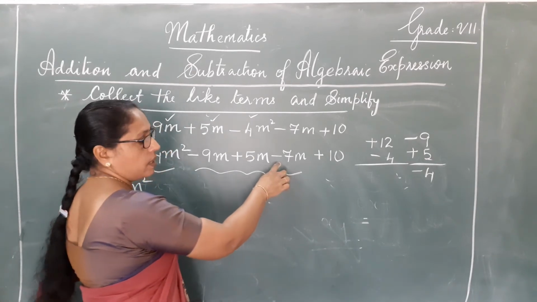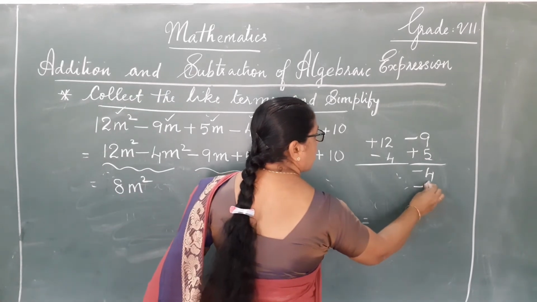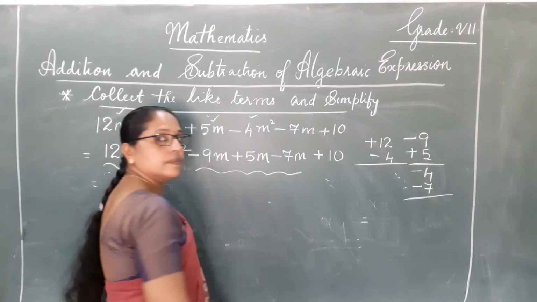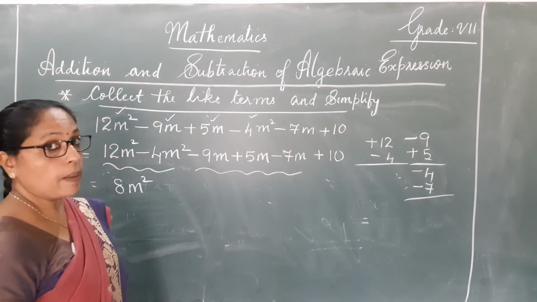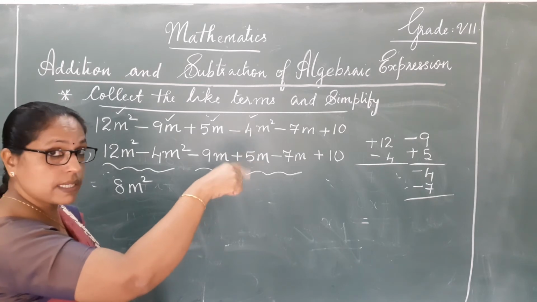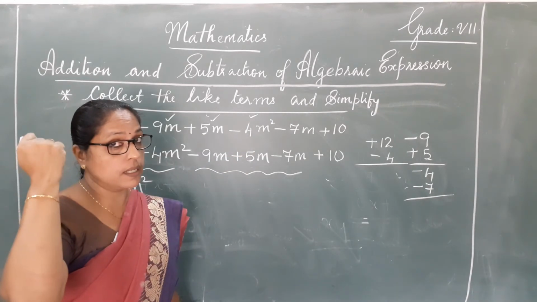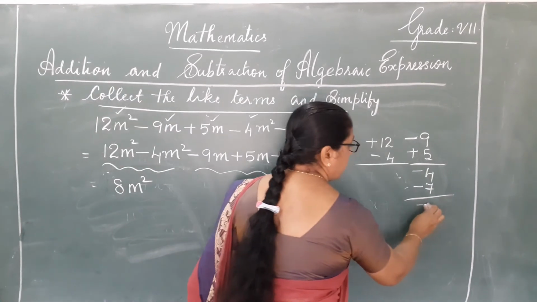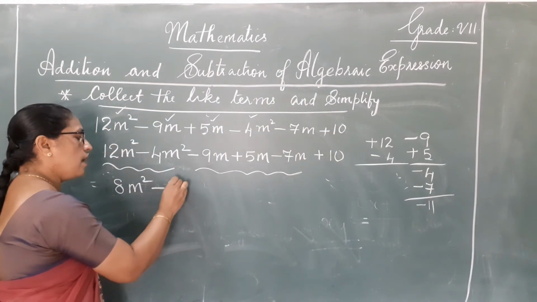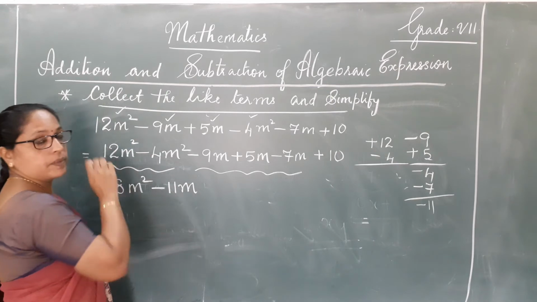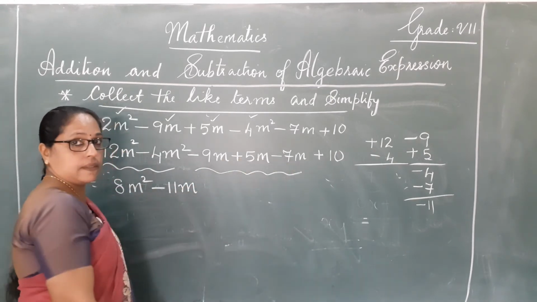Then we have one more, negative 7. So negative 4, negative 7. Yes. Think of the rule. 2 integers are having the same sign. Make it fast. Yes. Negative 11. So the final answer is negative 11m. Don't forget to put that m letter.